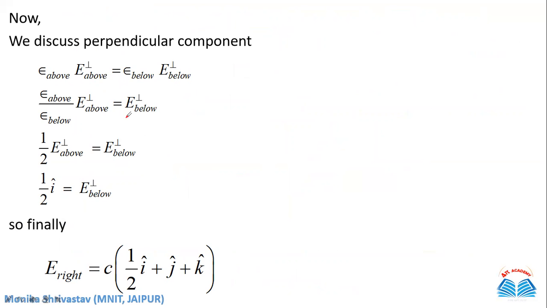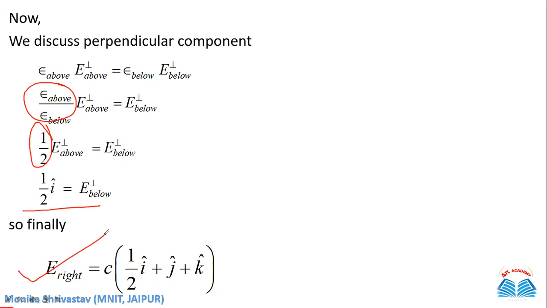So E perpendicular below equals this one. The ratio is given in our question, 1:2. Just put in the ratio and we get the result. So E for the right side will be C i cap by 2 plus j cap plus k cap.